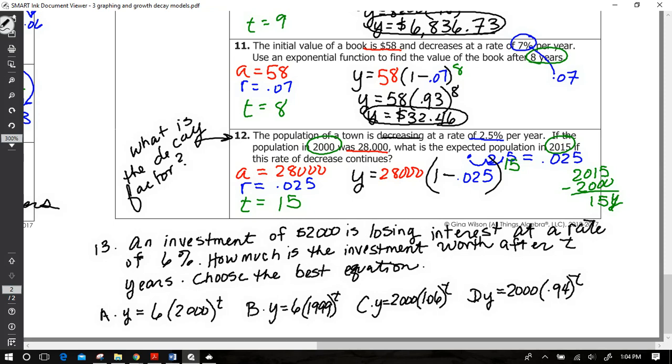And so what you should do is say 1 minus 0.025, and that should equal 0.975. That is the decay factor, and that's how I get it, okay? So let's go ahead now and type this all into our calculator.